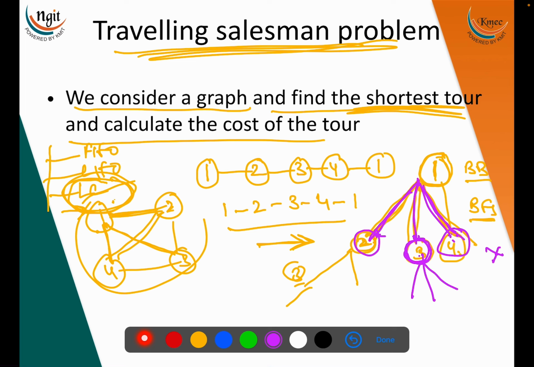I have already completed visiting 1 to 3. I told you at the beginning of this video that the traveling salesperson has to visit all the vertices only once. So 1 to 3 he has finished visiting, and he can go to 2 to 3, or else he can go to 2 to 4.